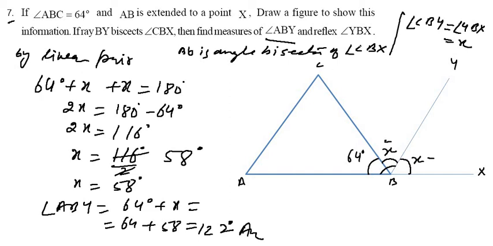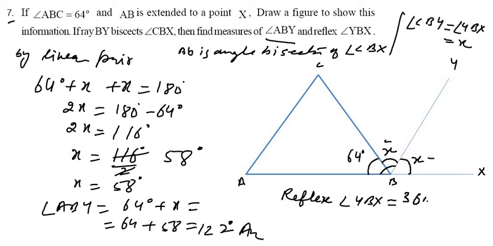Now reflex of YBX. Where is YBX? It is YBX. This one is the Y. So you can write here reflex angle YBX. So what will happen?